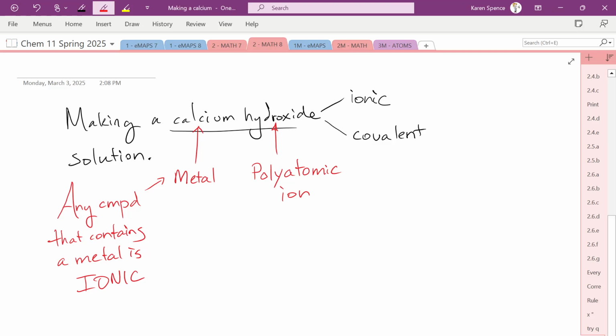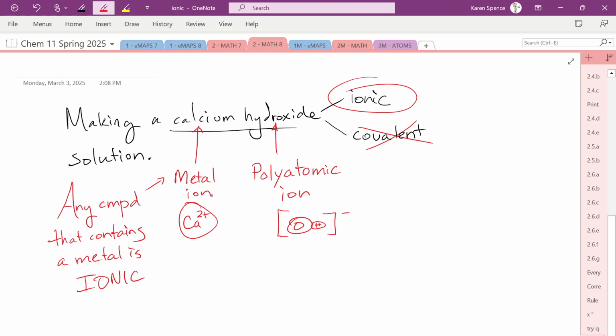That's because our calcium has a 2+ charge, and our O attached to an H has a negative charge, the whole thing. So it is not covalent, it is ionic because it is made of a metal ion and a polyatomic ion. And anytime you see metal, you know it is ionic.